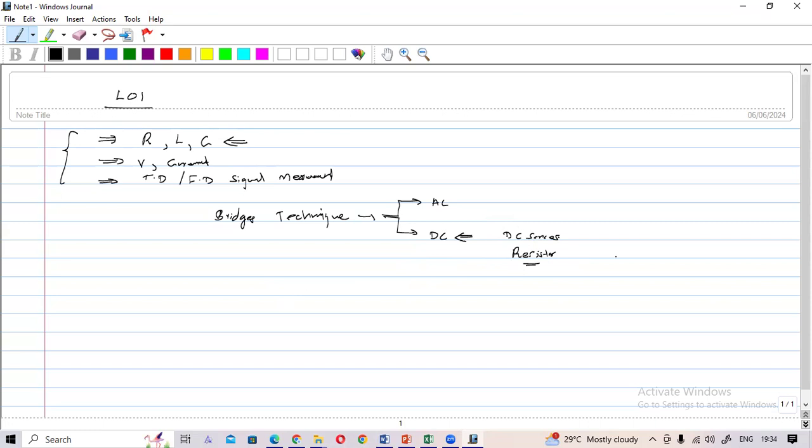So we are talking about the balance condition. We already talked about the balance condition. If we have a resistor bridge like this, and the DC source is connected to this terminal, the galvanometer or the voltmeter should be connected to the other terminals.